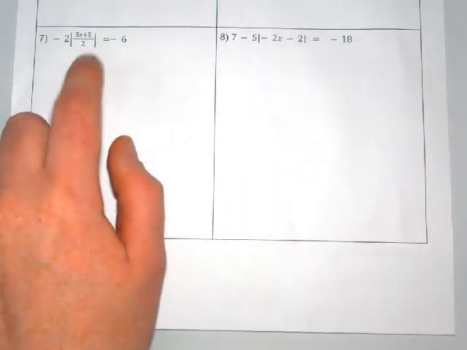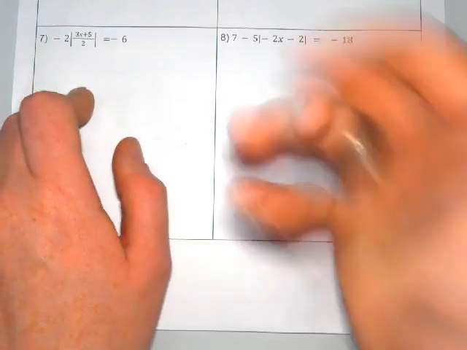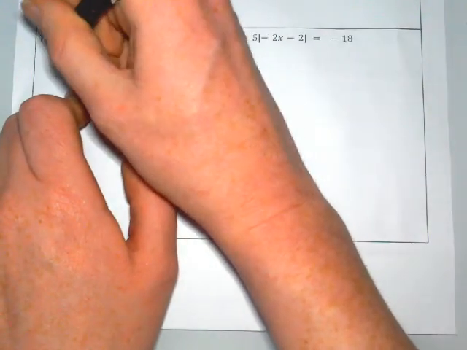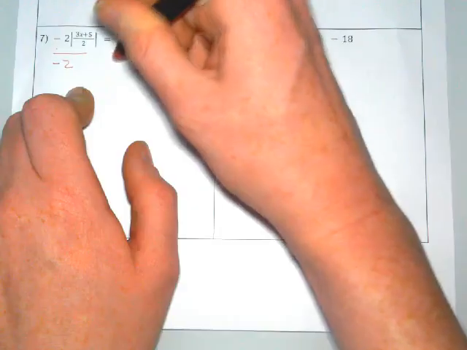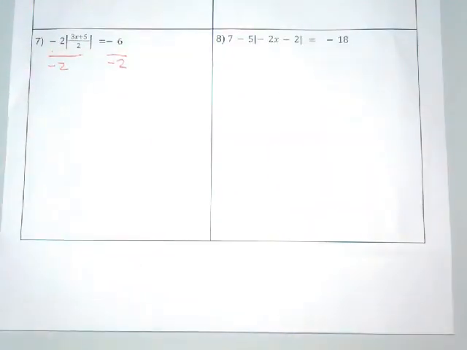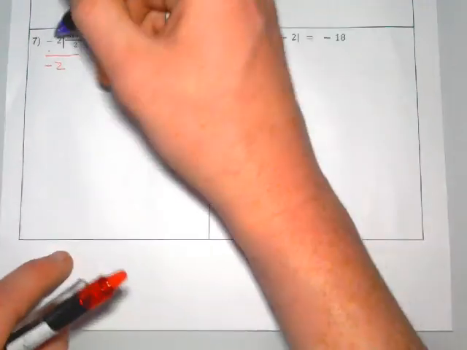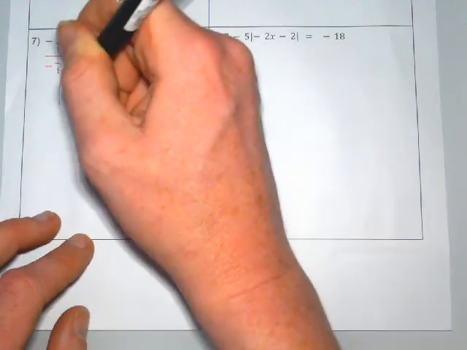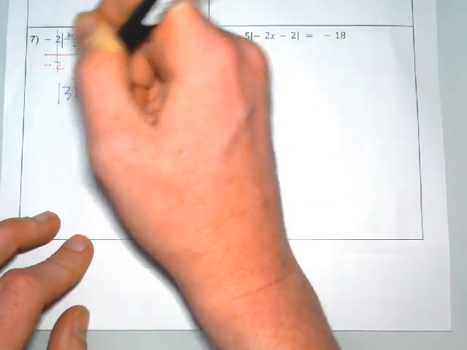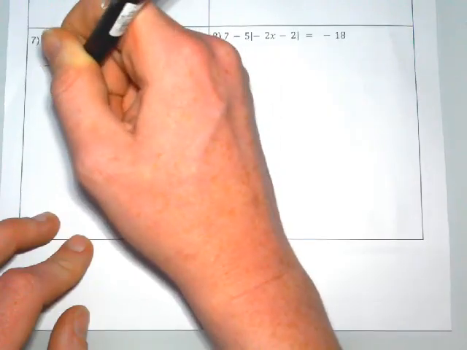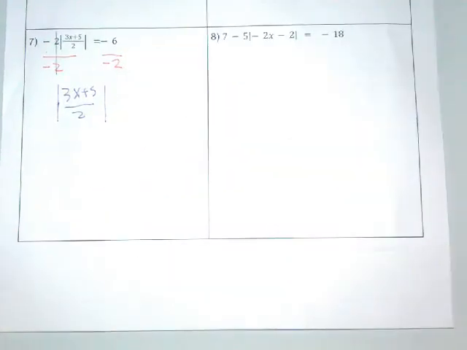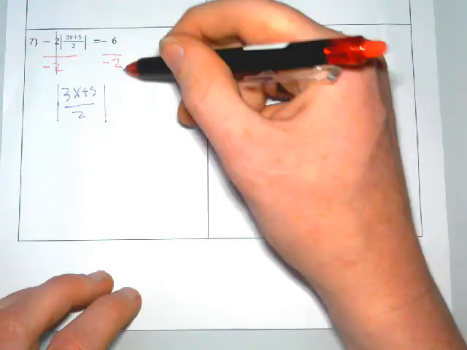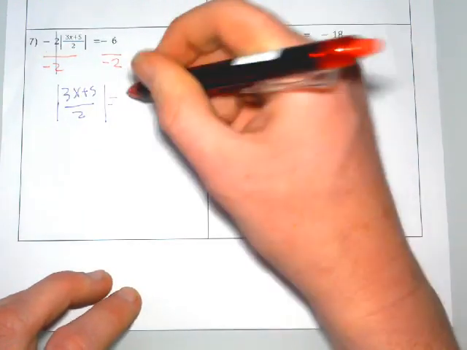So to get rid of it, I have to use the opposite operation, which is division. So I'm going to divide both sides by negative 2, which will cancel out here, leaving me with just the absolute value of 3x plus 5 over 2. And on the other side, negative 6 divided by negative 2 is going to be a positive 3.